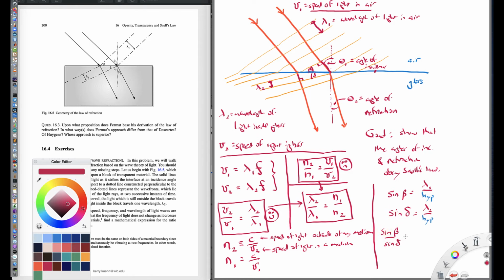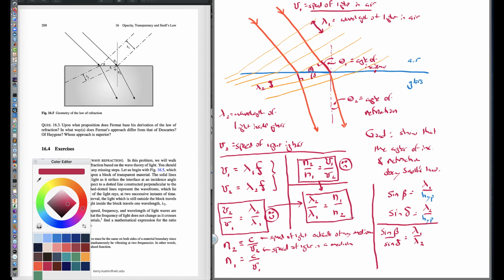Now what I'm going to do is divide sine of beta by sine of delta. And when I do that, the hypotenuses cancel out and I get lambda 1 over lambda 2. Right? Okay. So I'm at sine beta over sine delta is lambda 1 over lambda 2.